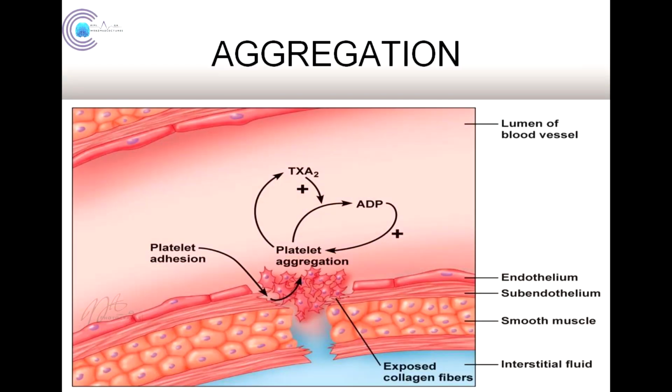Now, what happens after platelet adhesion, guys? The next thing is what is called the platelet aggregation, which is the next step involved in the platelet plug formation. When the activated platelet binds to the subendothelial collagen through the Von Willebrand factor, what happens next?